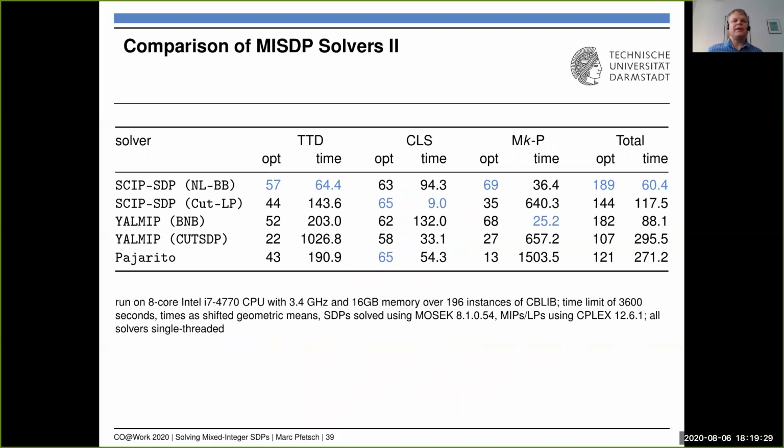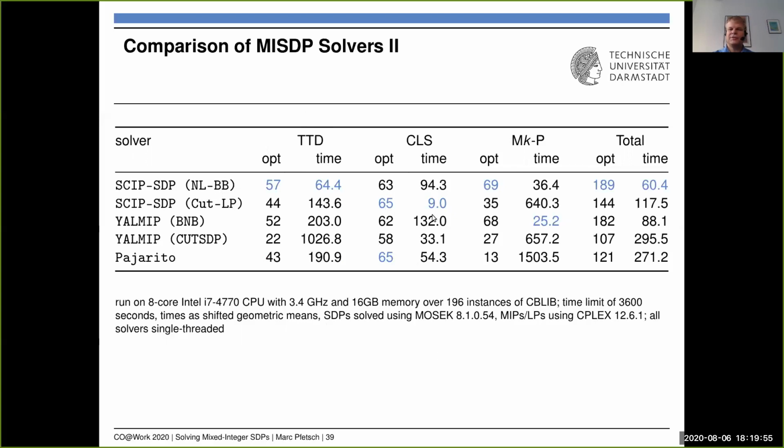If we look a bit into detail on the different applications, truss topology, cardinality-constrained least squares, and partitioning, we see that for truss topology, SCIP-SDP with nonlinear branch and bound is best. For cardinality least squares, the LP approach is actually the fastest.